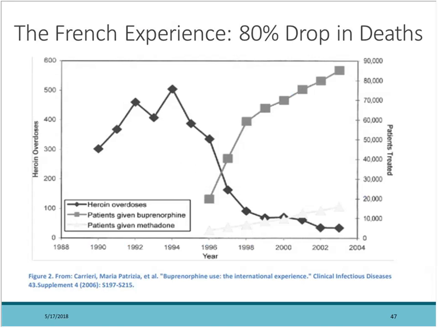It was not a segmented and separate activity. Addiction treatment was actually integrated much more into primary care. Buprenorphine was essentially normalized in some ways, and prescriptions of buprenorphine increased dramatically over a short period of time, with a corresponding decrease in heroin overdose deaths.